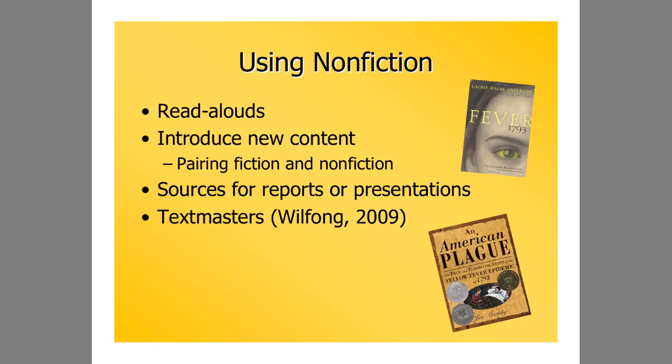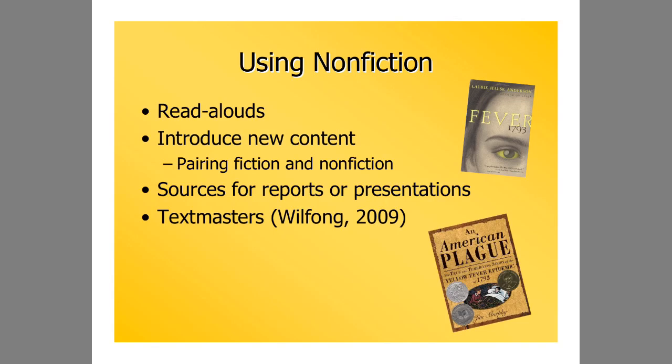So because that book is a novel, I would argue that it's a lot easier to read than, say, a textbook. And it's also a good way of introducing students and getting them interested in the topic of Philadelphia in the 1790s. And it actually might be a good introduction to having students read a book like Jim Murphy's An American Plague, the true and terrifying story of the yellow fever epidemic of 1793.